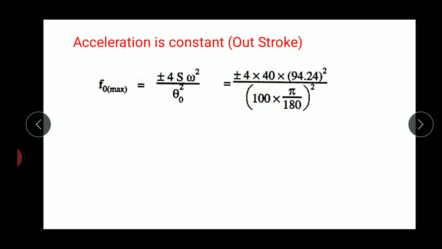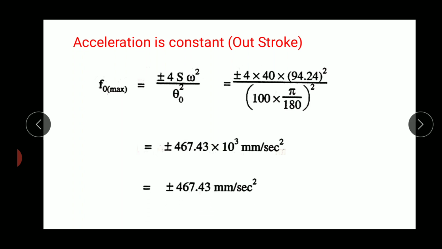So put all the values and you will get the acceleration, that is plus minus 467.43 into 10 raised to 3 mm per second square. Let's convert it into meter per second square. So it is 467.43 meter per second square. It is not mm, I'm sorry, there is some typing mistake over here. It is meter per second square.